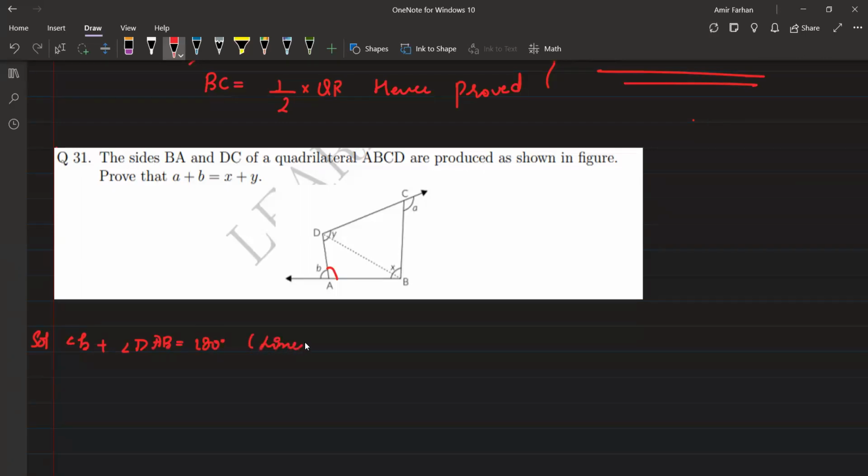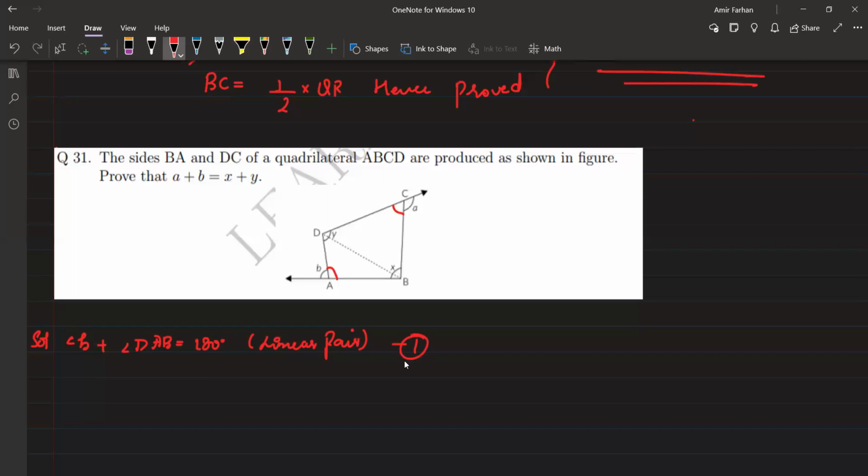Remember? Very good. Similarly, angle C plus angle DCB, this angle, will be equal to 180.